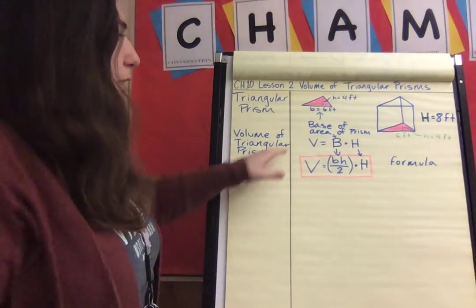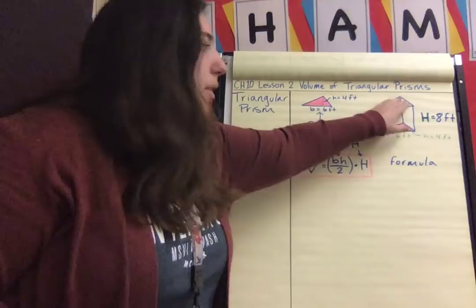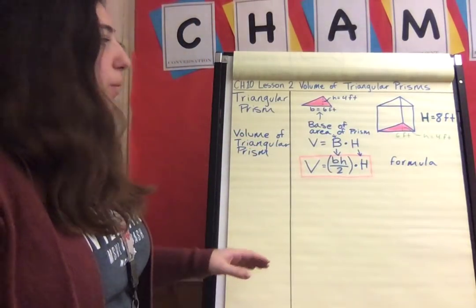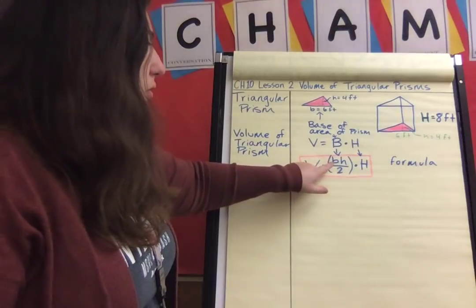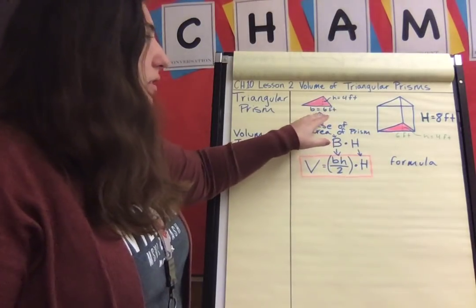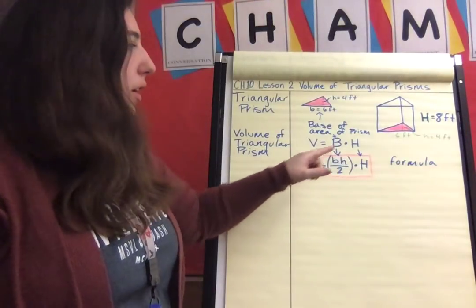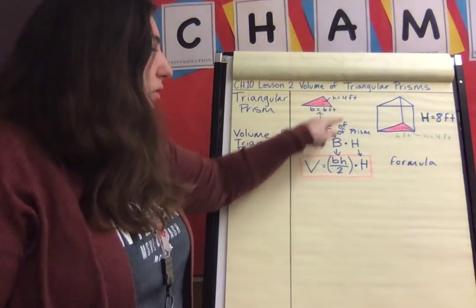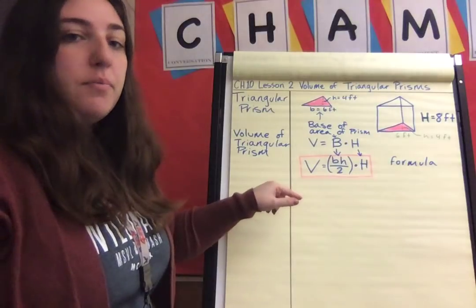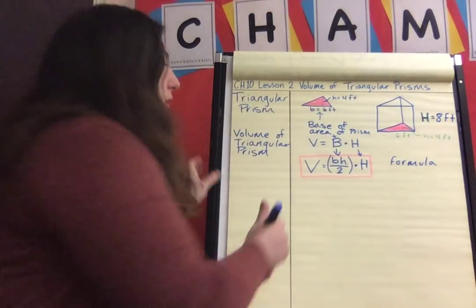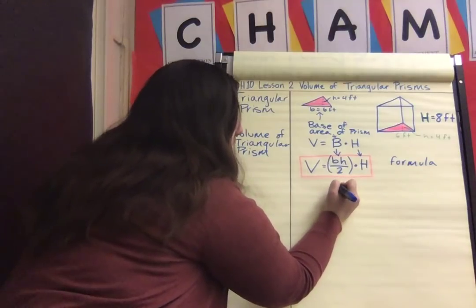Okay, so now let's actually solve for the volume of this triangular prism that we drew. So we know the heights and bases and lengths of everything here, right? So we're going to start plugging in these values into our formula. So I know the base right here of this triangle, which is 6 feet.